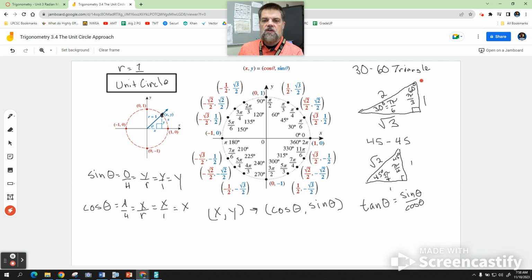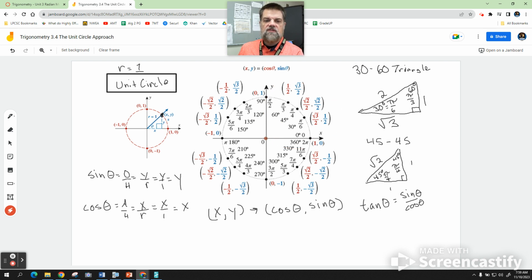Okay? And we're going to use one of these triangles, because if you notice, you either have 30 degrees, 45 degrees, or 60 degrees. And then the unit circle stuff, because cosine is x and sine is y, when you get to the 90-degree increments, 90, 180, 270, 360, we're just going to use the x comma y values, which are actually cosine and sine. That's where all these values come from, right?